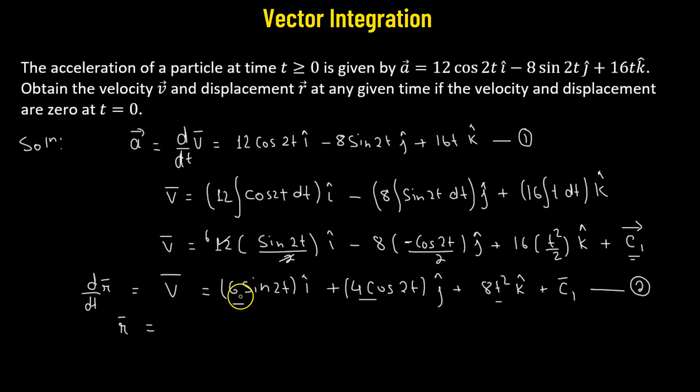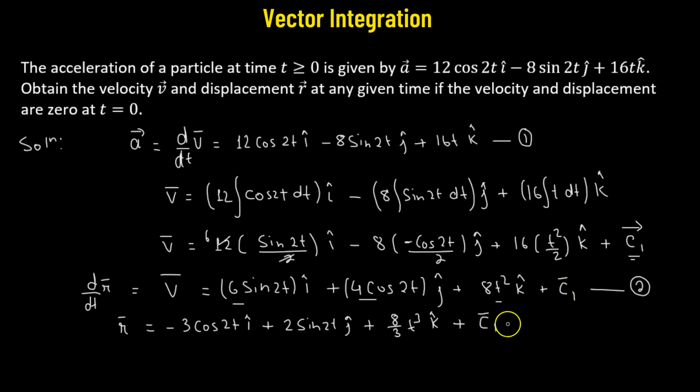Integration of 6 sine 2t will become negative 3 cosine 2t i cap. Integration of 4 cosine 2t will become 2 times sine 2t j cap, plus integration of 8t squared, which will be 8 over 3 times t cubed k cap, plus integration of vector c1, the constant vector.